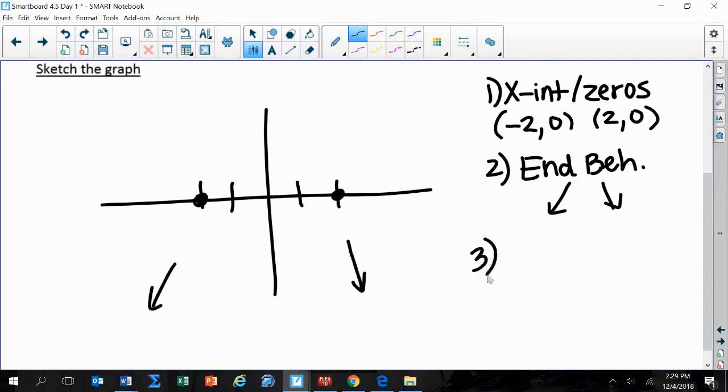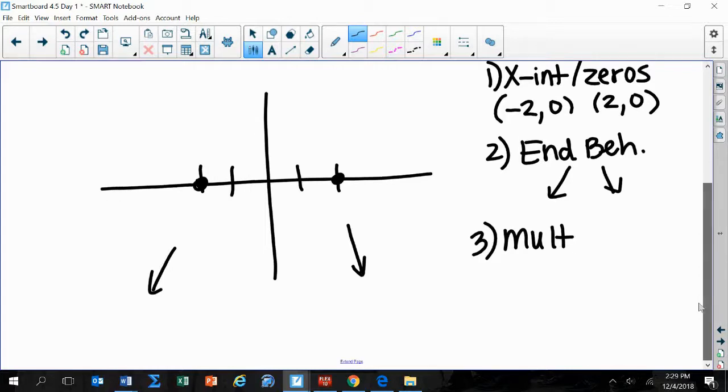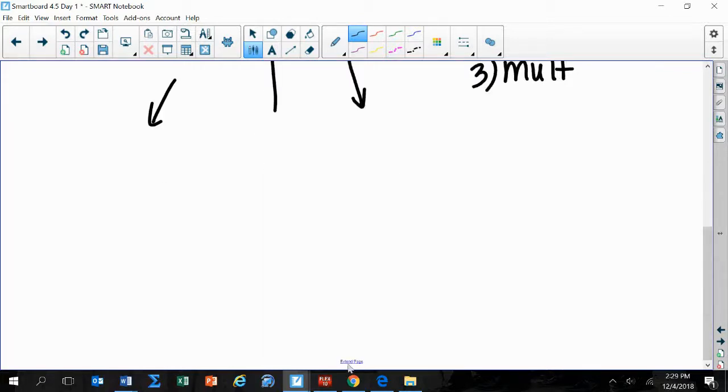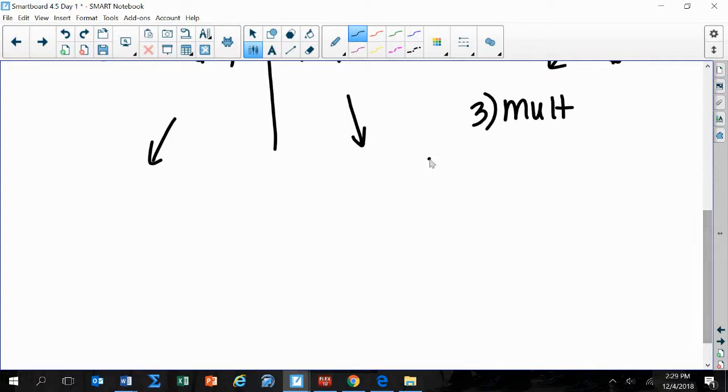And the third thing I need to do is know what my behavior is at each x-intercept. So I'm going to use the multiplicity to help me with that. I like to make a quick little graphic organizer and list the zeros, the multiplicity of each, and what the behavior is. Is the behavior going to be a cross or a bounce?